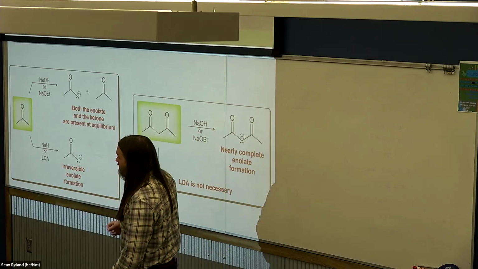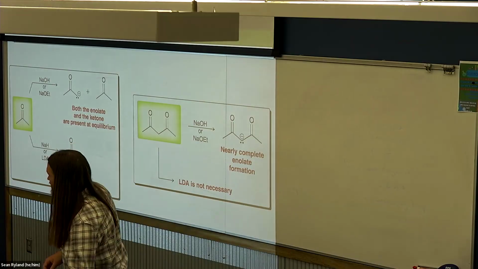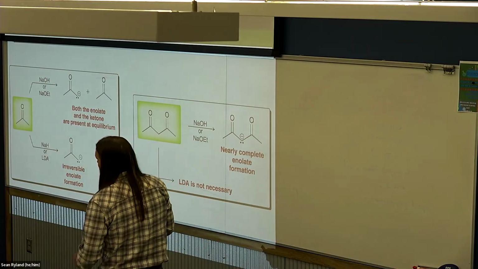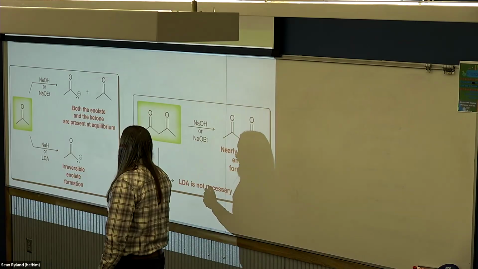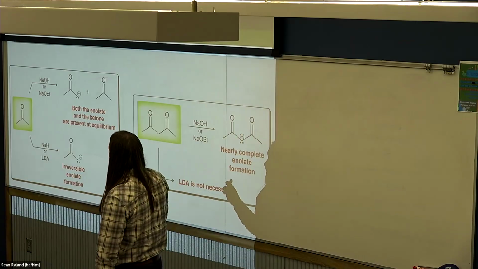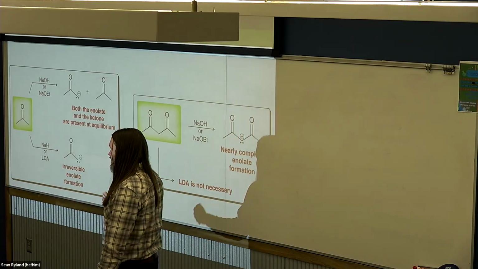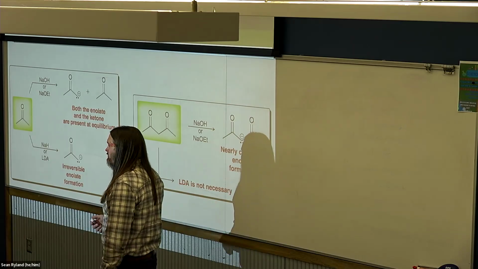That reaction, we're going to spend a lot of time with today. It's called the aldol condensation, because it makes a molecule that has both a carbonyl and an alcohol, so aldol.